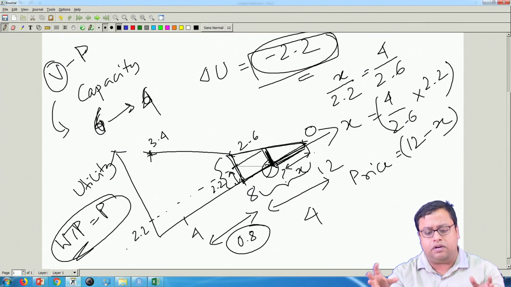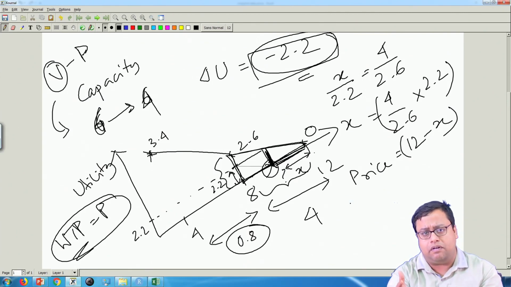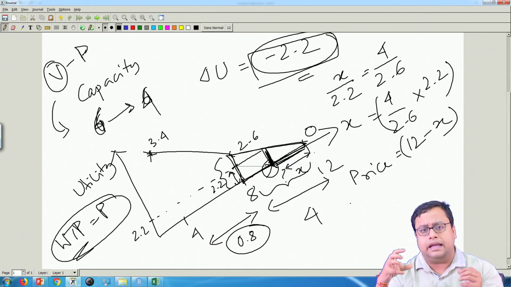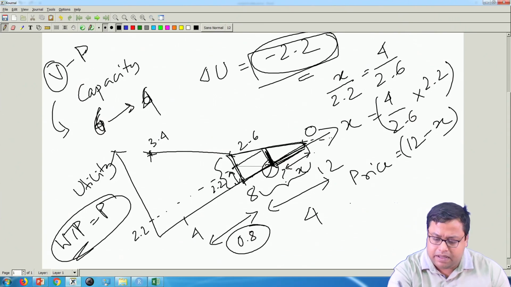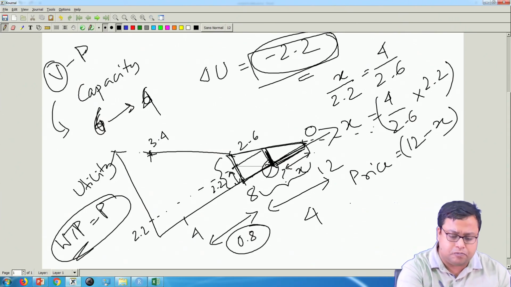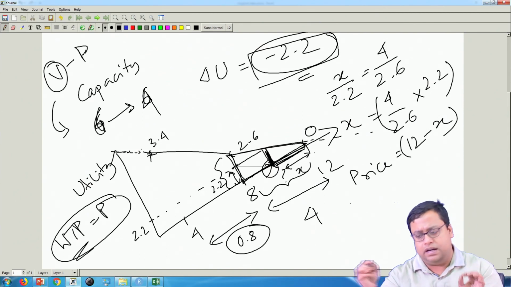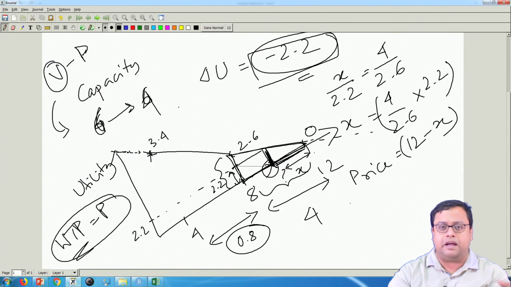By chance, if you are trying to find out that if your price is 12 and you want to find out how much will be the price above 12, then you have to do extrapolation with an assumption that this point can be extrapolated this way and this line can be extrapolated in this way. That is an assumption that you take, but you do extrapolation and find out the optimal price. In this case, from 8 to 4 drop I could not do, because then the price would have been negative, which is not a practical case.